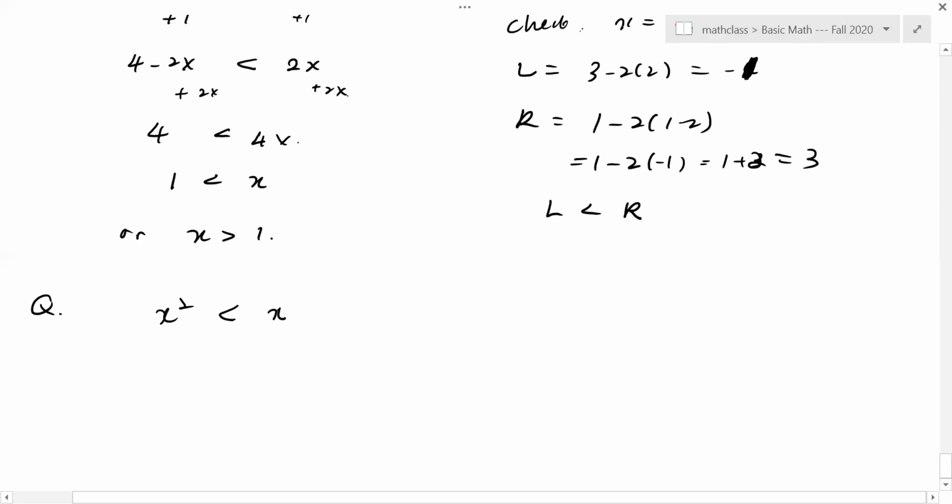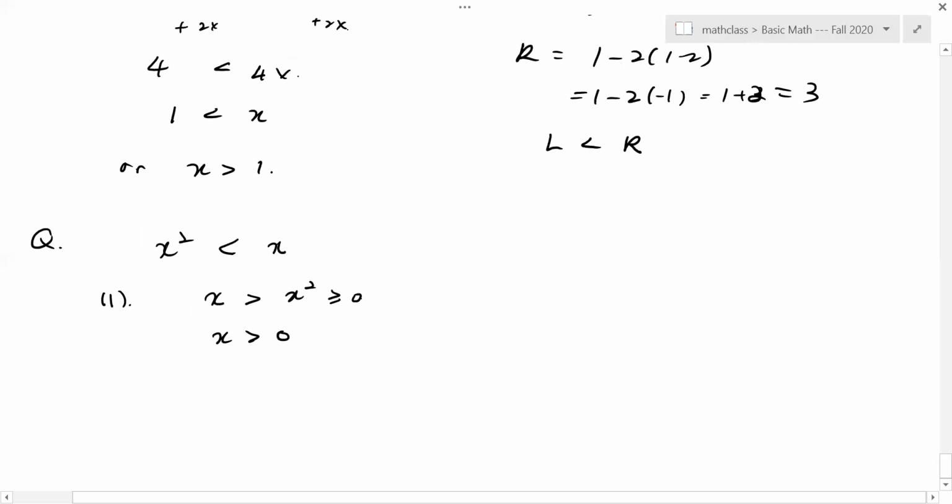Now, we never talked about this before, right? I just thought of it a minute ago. So from here, first of all, you see that x is greater than x squared. x squared is never negative. So you conclude that x must be greater than 0, right? Then, because x is positive, you can divide both sides by x.